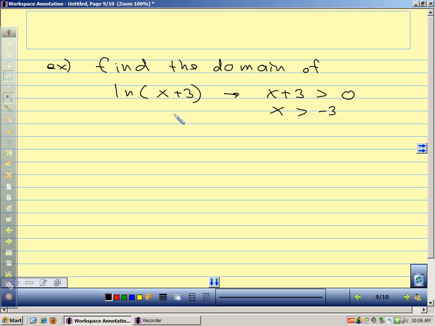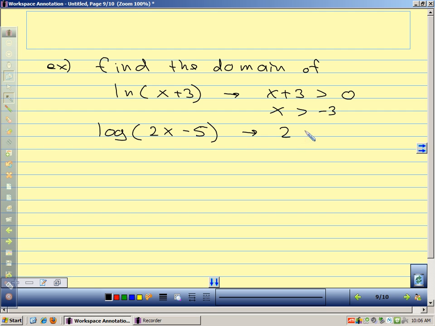So let's look at one more example of that. Find the domain of log of 2x minus 5. Whatever we plug in here has to be bigger than 0. Whatever we take the log of has to be bigger than 0.